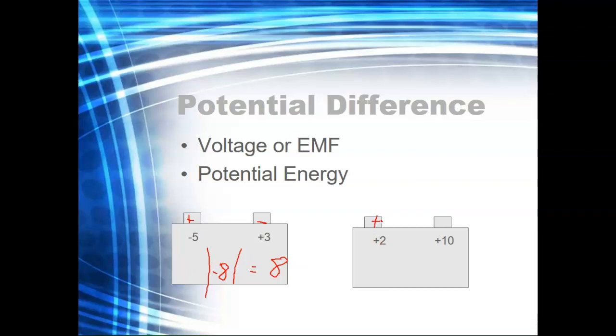If I have a +2 minus a -10, again, you're going to get a -8, but you take the absolute value and your voltage is 8. Does that make sense? Yes, ma'am. Always we minus the plus from the negative. Yes. Okay.